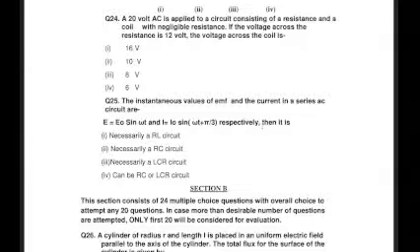Then it is: 1. Necessarily an RL circuit. 2. Necessarily an RC circuit. 3. Necessarily an LCR circuit. 4. Can be RC or LCR circuit. Correct. The answer is 4. Can be RC or LCR circuit.